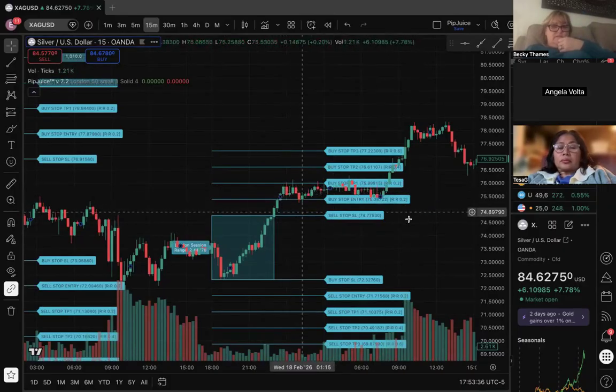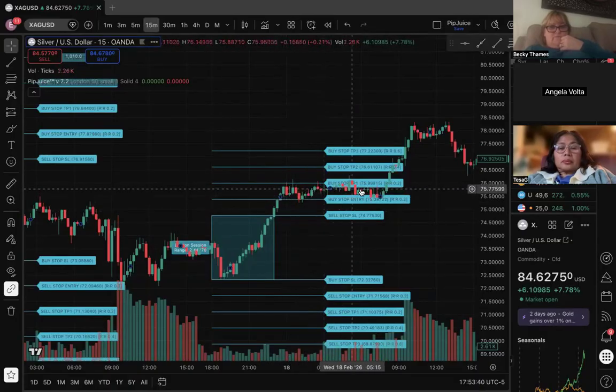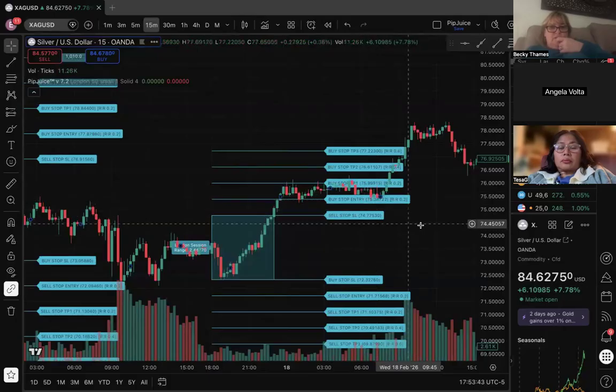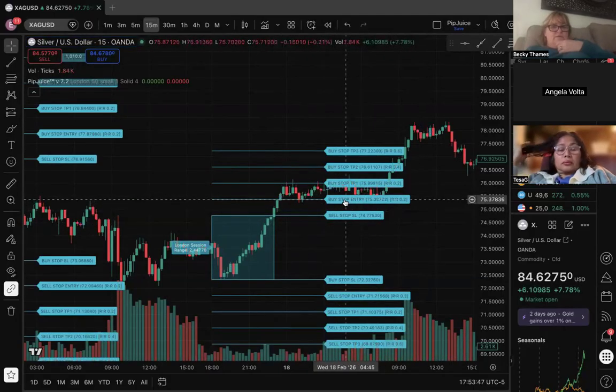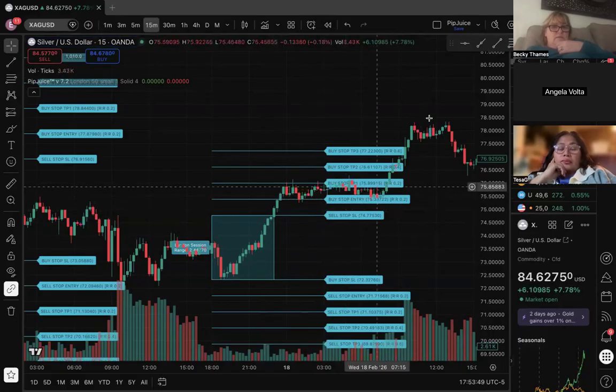And then it consolidated for like 6 hours. But it went up. It said to enter here, and then it went to TP3.